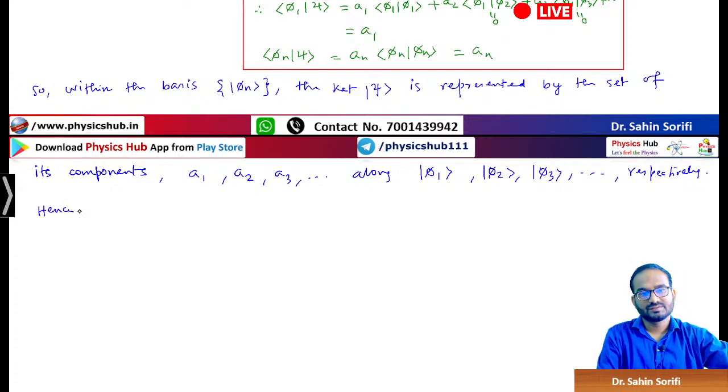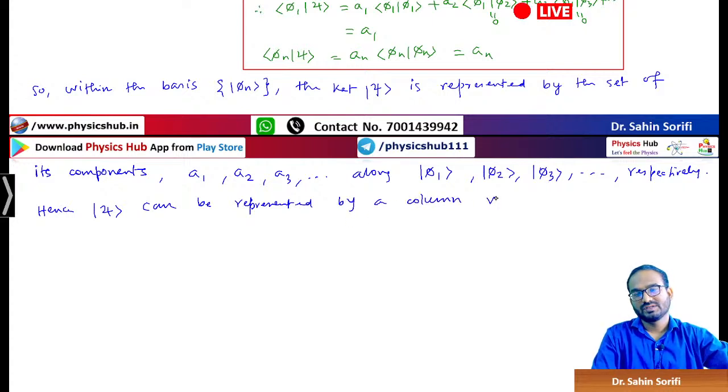Hence psi can be represented by a column vector. Ket will be represented by a column vector and bra will be represented by a row vector.